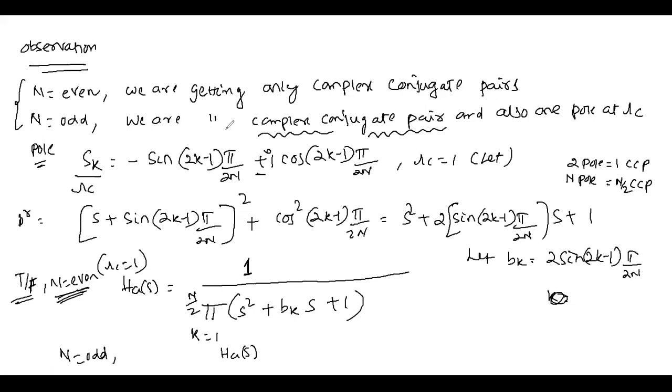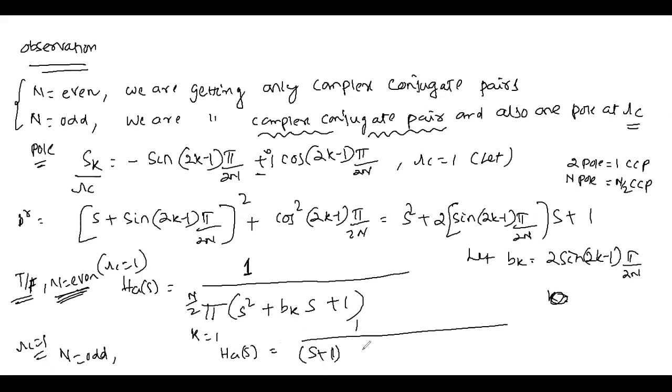When n is odd, we have complex conjugate pairs plus one pole at omega c. So I can write 1 by s plus omega c, and because omega c equals 1, this is s plus 1.